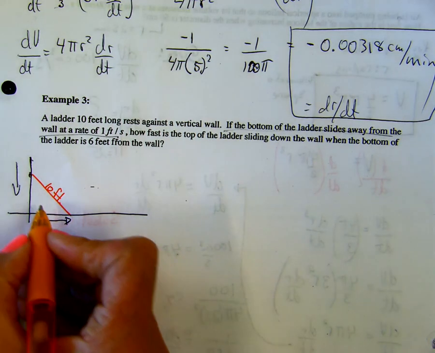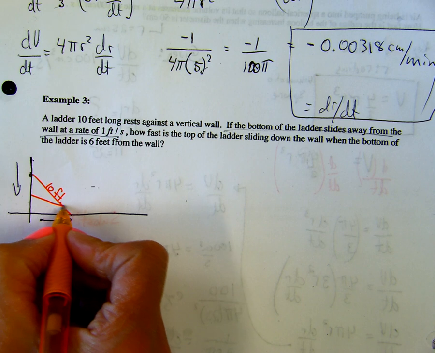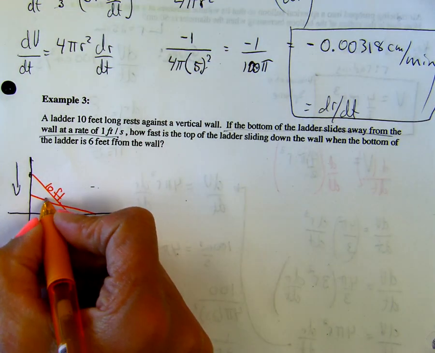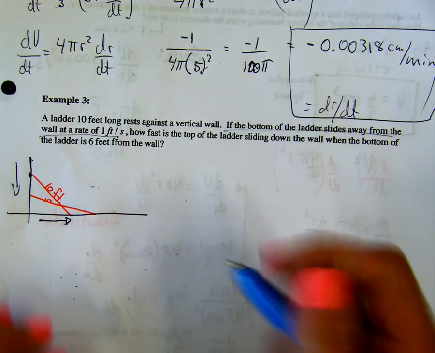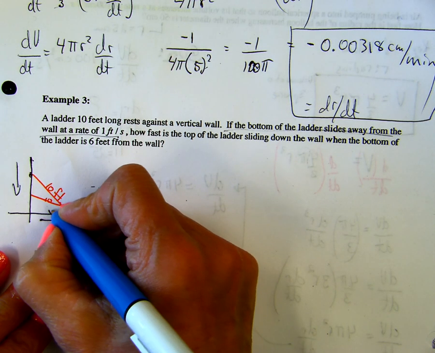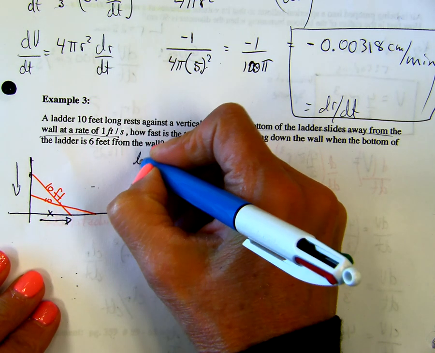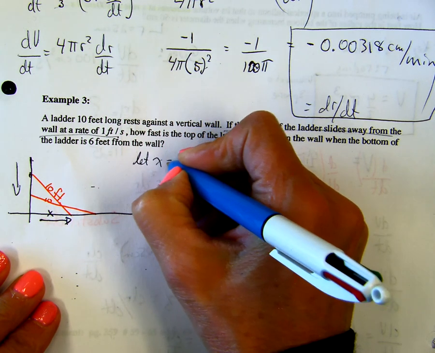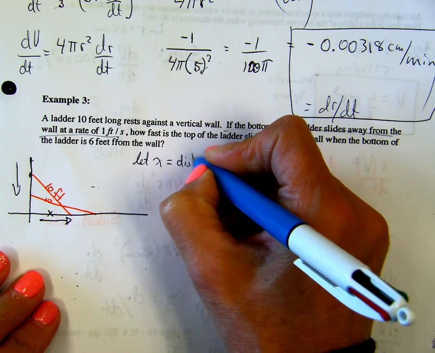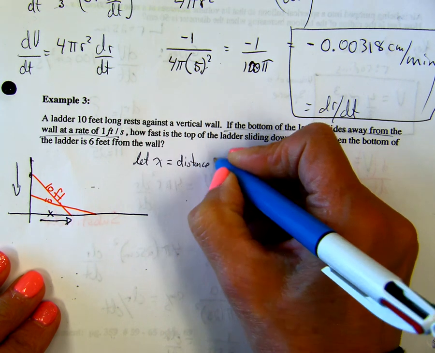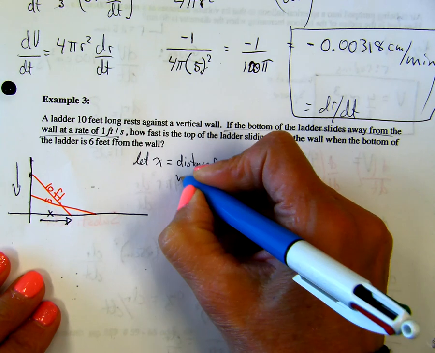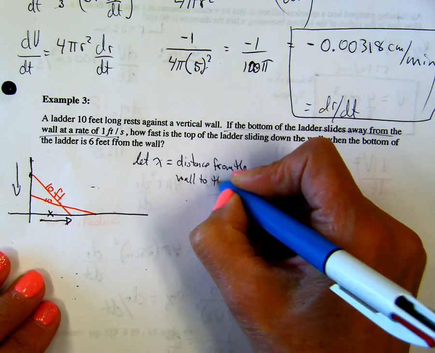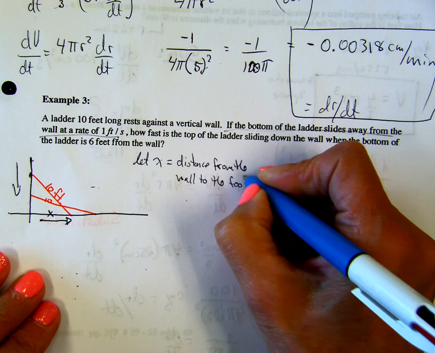Okay, so a little bit later, I have this same 10-foot ladder, and it looks like that. Okay, so I'm just going to put in some variables. I'm going to put an x here, and I'm going to let x equal the distance from the wall to the foot of the ladder.